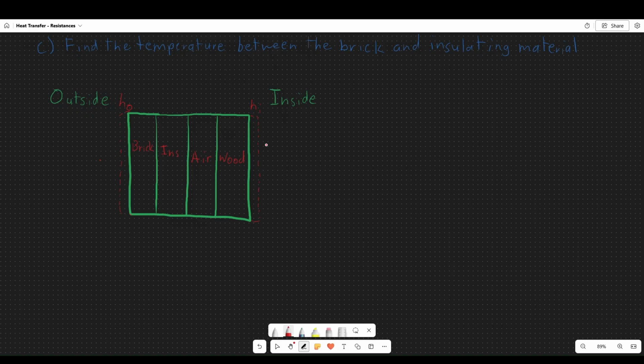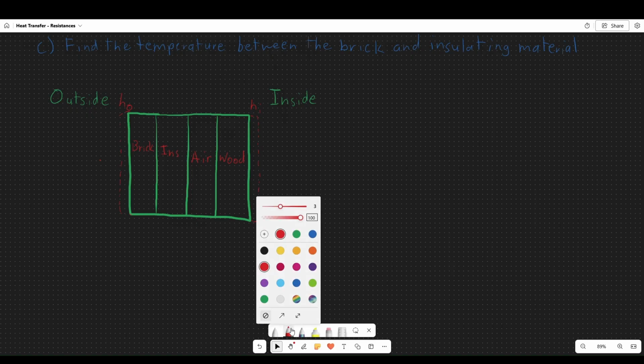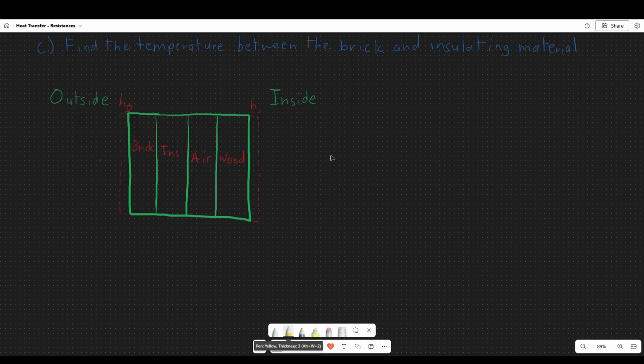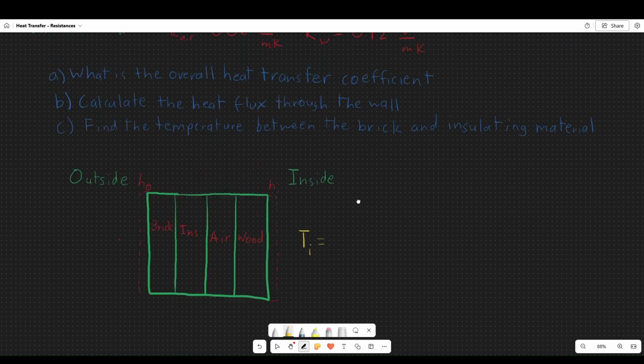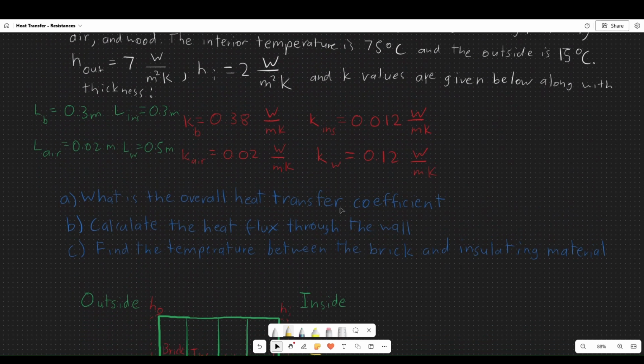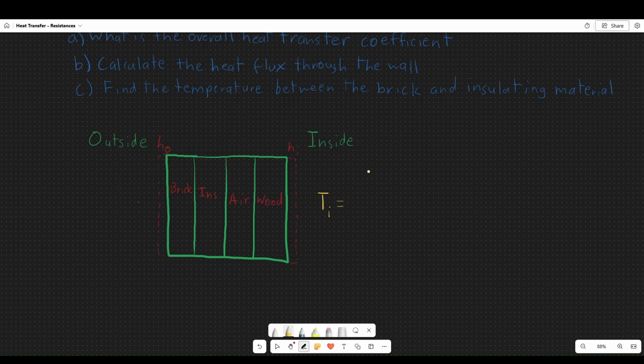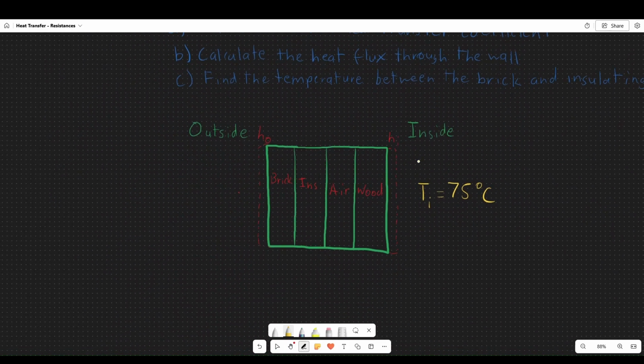Okay, perfect. And then the next thing to do would be to label the temperatures, right? So we have the inside temperature as 75 degrees C, and then the outside temperature is 15 degrees C. Perfect.